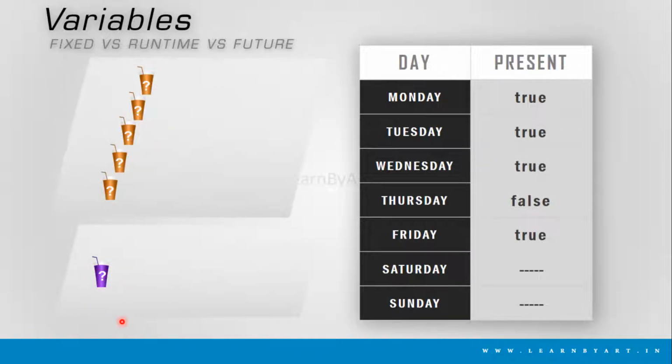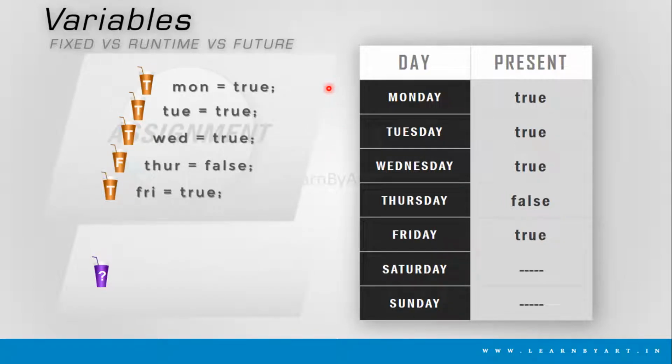As the days pass by, Sam went to school and this is his attendance record. Let us now put those values into the variables. So as you have noticed, assignment means you just write the name of the variable, put an assignment operator, meaning the equal sign, then put the value itself.